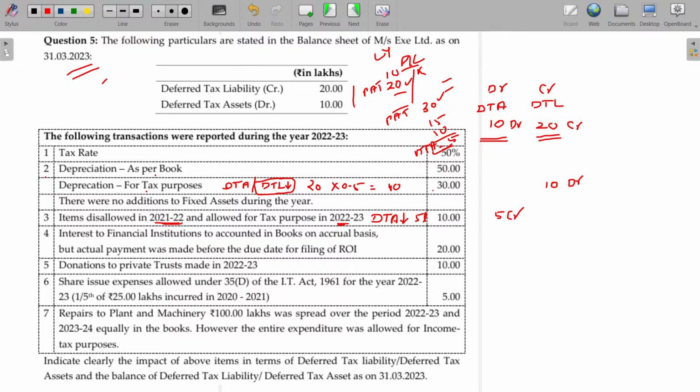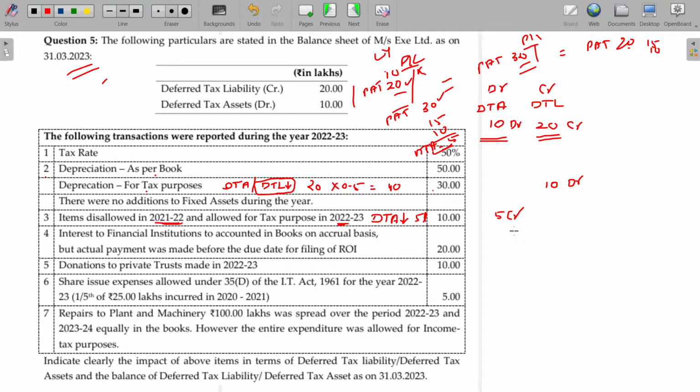In this current year, in your P&L account, you calculate the PAT being 30, but income tax purpose says, no, this 10 you paid this year, I allow this 10 to be debited. So for the income tax purpose, the profit being only 20. So you have to pay the tax on this 10, but your tax expense being 50% on this being 15. You have to pay 15, but as per the tax you pay only 10. What about the 5? Already paid in the last year, it is now used. DTA is reversed.